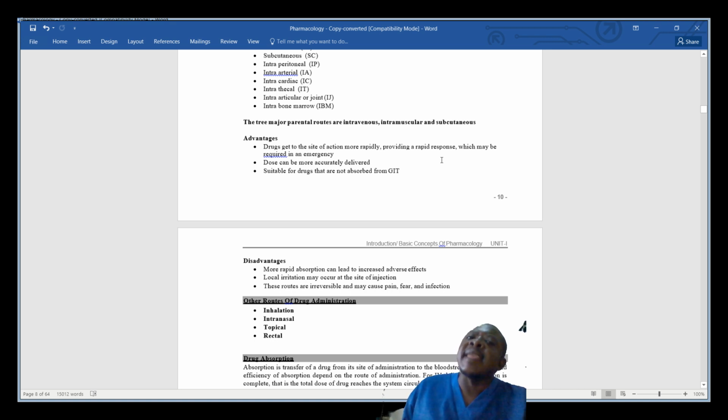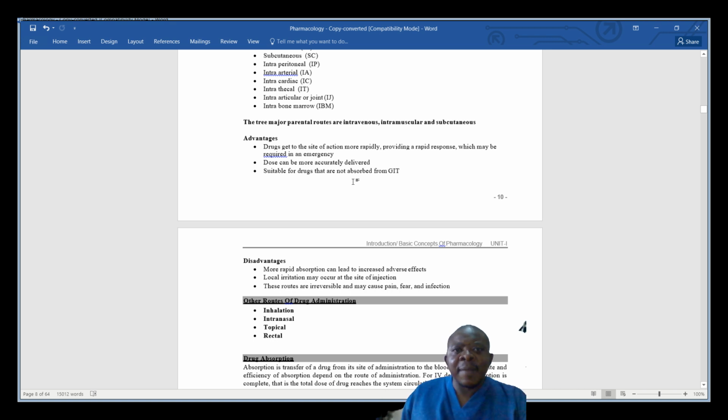So when you give in the vein, in the muscle or any other parenteral route, the drug will easily be available. Then those can be more accurately delivered because we do not have the hepatic, metabolic phase.